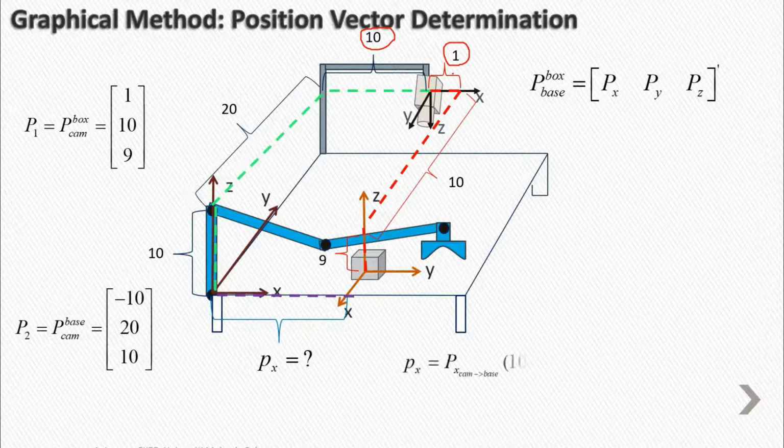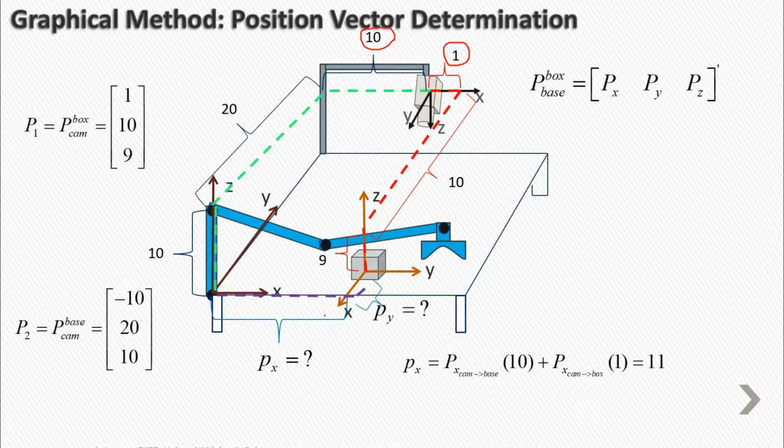So we take the summation of these two, so the px becomes 11 here. Okay, so how about the py?